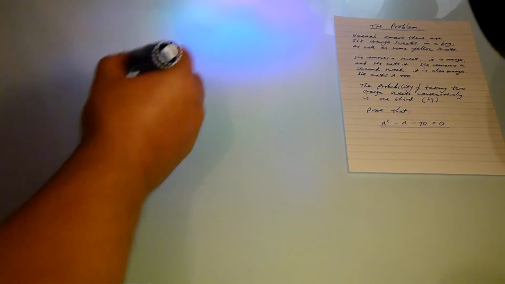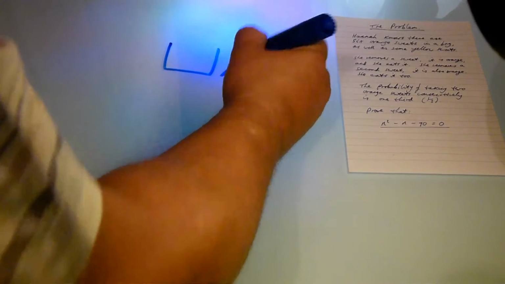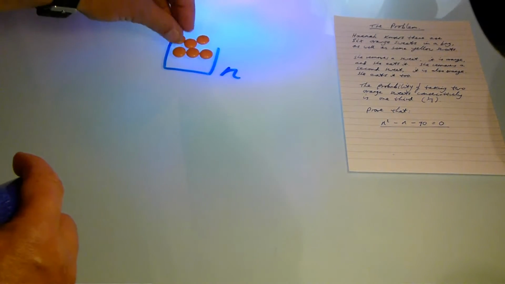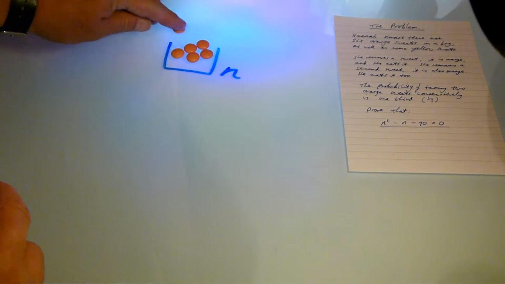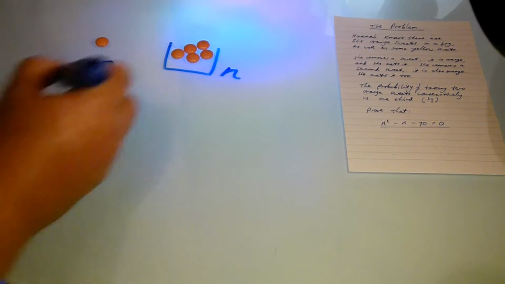Okay, so let's finally do it. Here's our bucket. We don't know how many are in there. We do know there are n, and of those n, we know 6 are orange. So the probability of taking 1 orange is 6 divided by n.